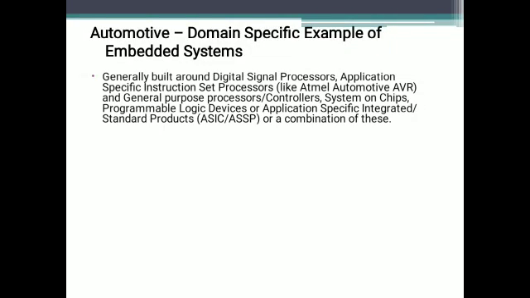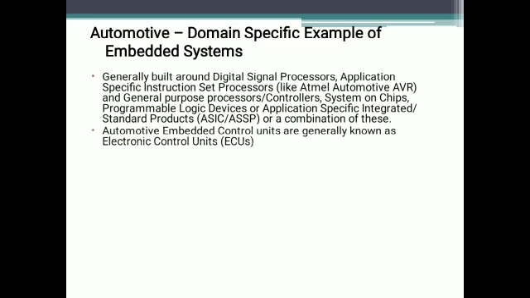Okay, it is generally built around, as I told, digital signal processors, application specific instruction set processors like Atmel automotive AVR, general purpose processors or controllers, systems on chips, programmable logic devices, application specific integrated circuits and standard products, that is ASIC or ASSP, or a combination of all these.